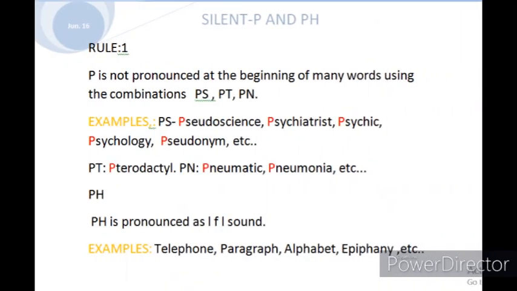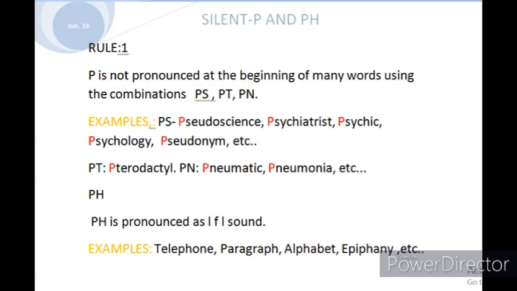Okay, now we'll move to PH. PH is pronounced in some words as the F sound. It will be pronounced as an F sound. For example, paragraph, telephone, alphabet, epiphany, then sophomore.